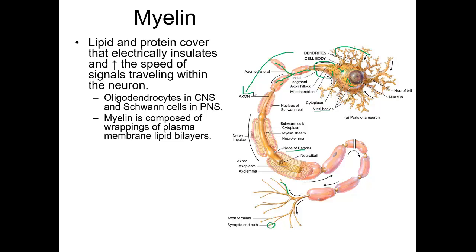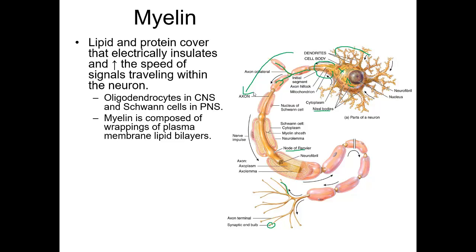In the CNS, the central nervous system, the oligodendrocyte is synthesizing it. In the peripheral nervous system, it is the Schwann cell that is synthesizing it. The composition of the myelin sheath is pretty similar to that of the plasma membrane phospholipid bilayer.